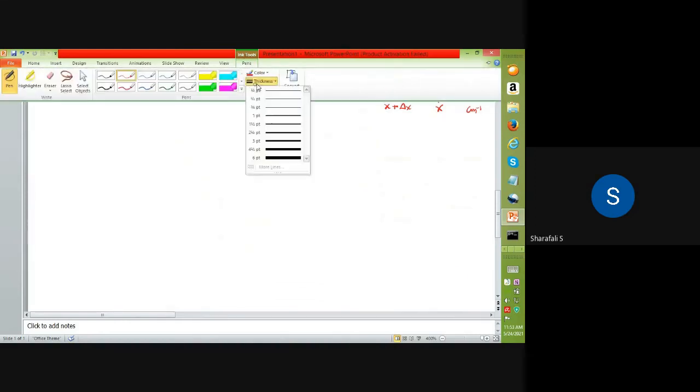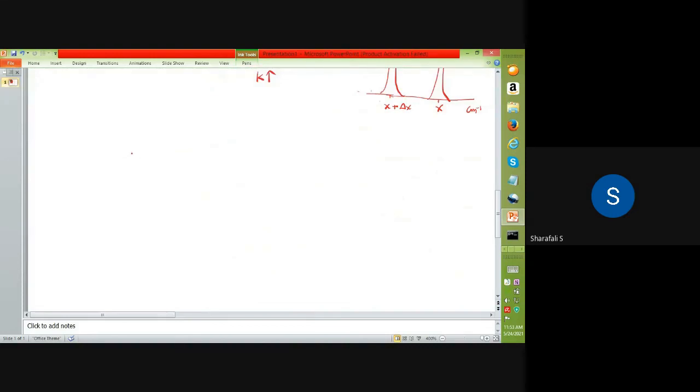The more polar the bond, the more intense will be the spectrum. So if the bond is more polar, then the spectral intensity will be large.